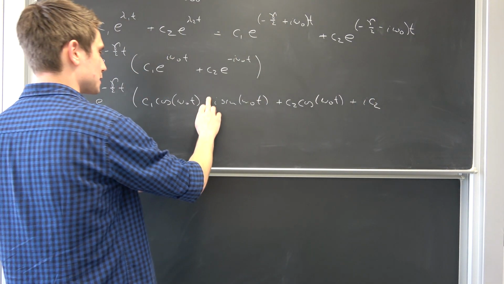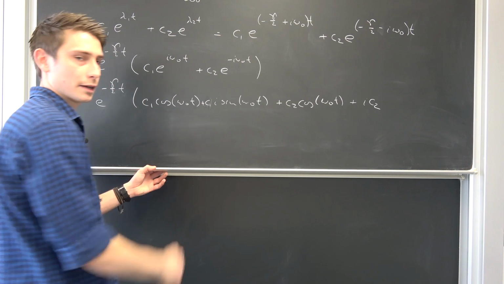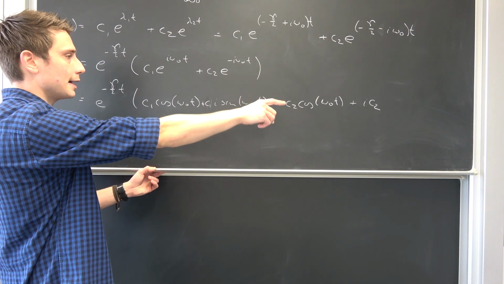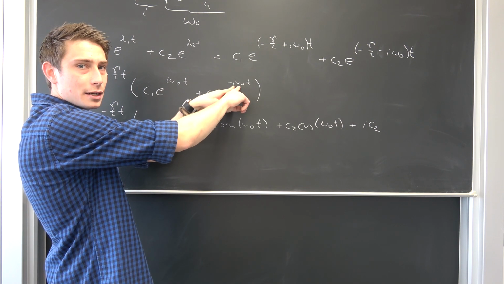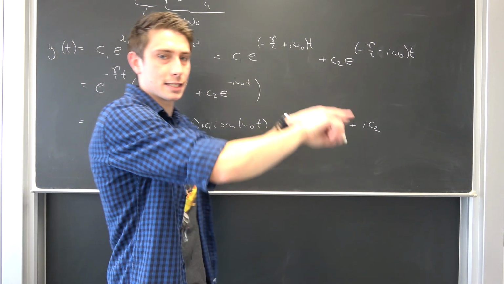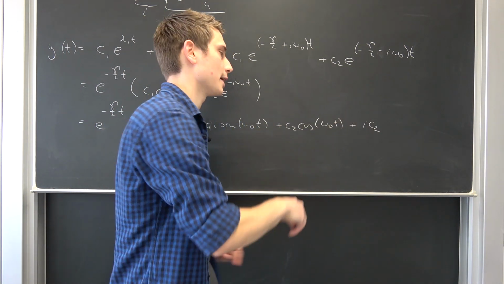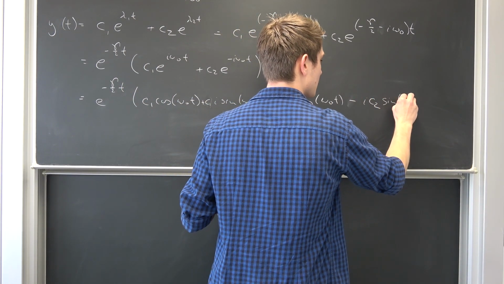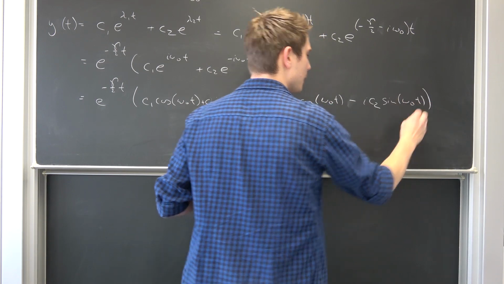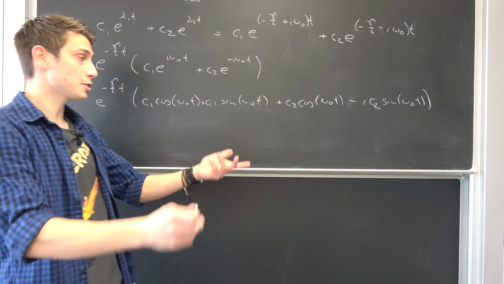In this case, I forgot the C1 right here. And then we are going to get the sine of negative omega naught times t, but the sine of negative x is negative the sine of x. So let's bring the negative sign to the front, and we are going to get the sine of omega naught times t. And this is pretty much some beautiful symmetry, you could say.